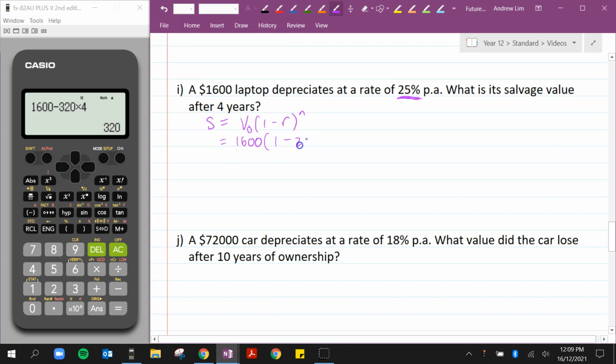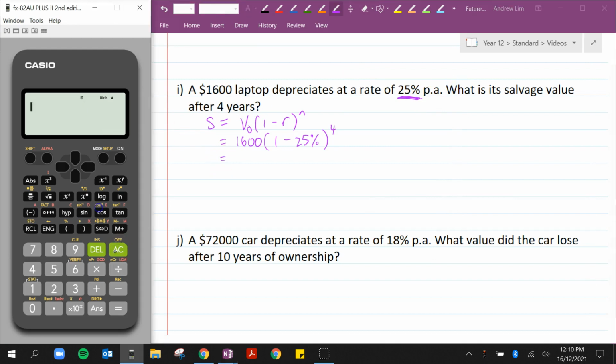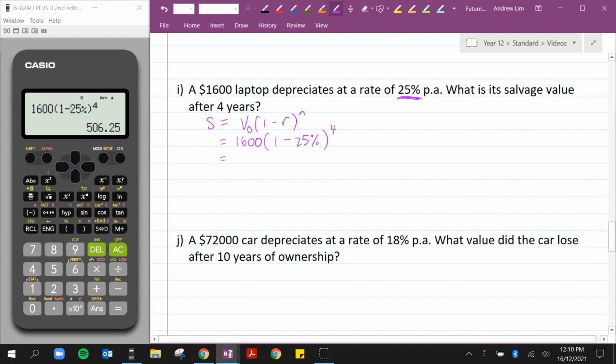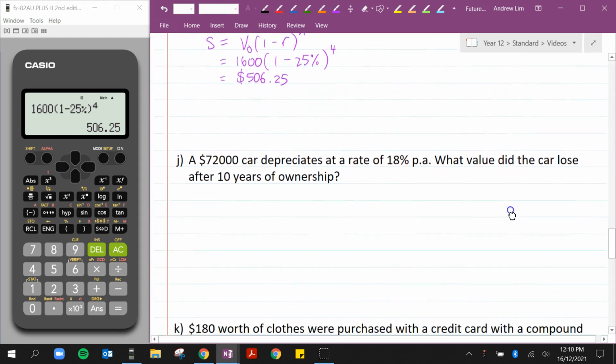The rate is 25% per annum for 4 years. Per annum, years, same units, so don't need to multiply or divide by anything. And we can just punch these numbers into the calculator and see what we get. $506.25. That is the salvage value. That's how much it's worth after 4 years.